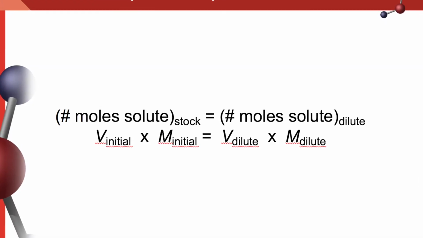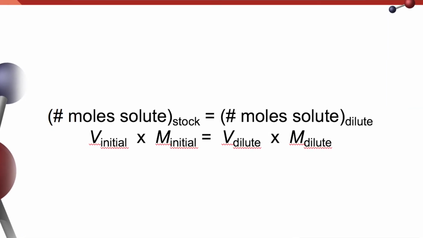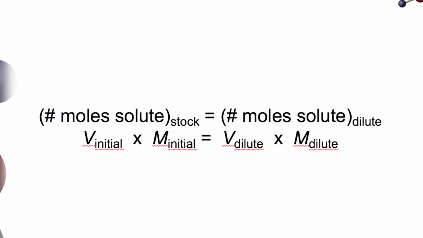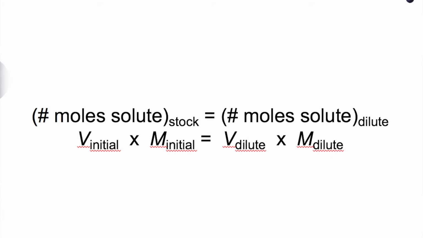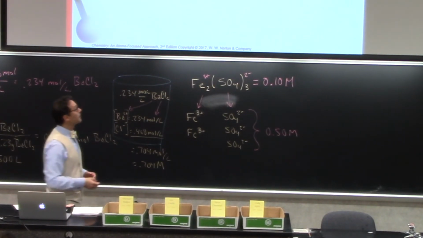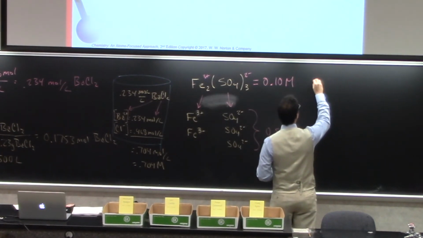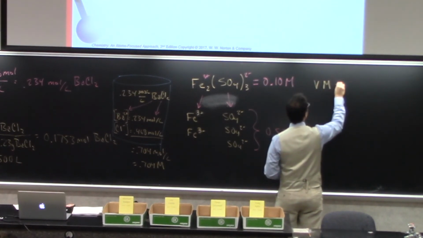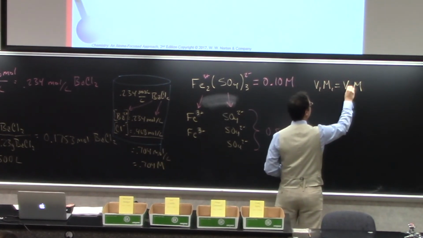Now this formula tells us that the moles of the solute in the stock solution, or our concentrated solution that we pull off the shelf, is equal to the moles of the solute in our diluent, or what has been diluted. And so our formula is our volume times our concentration is equal to our volume times our concentration.